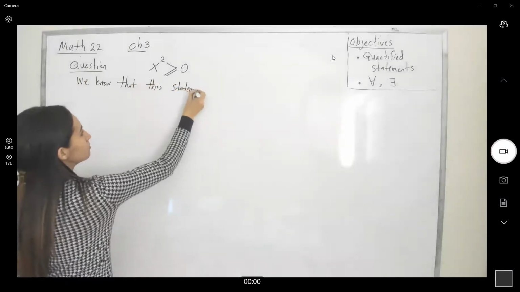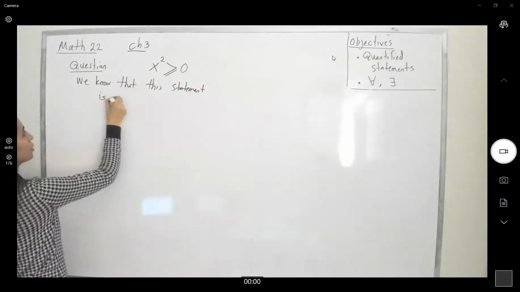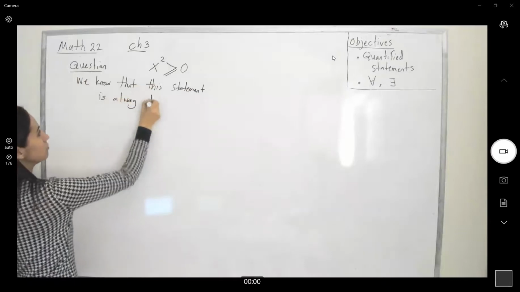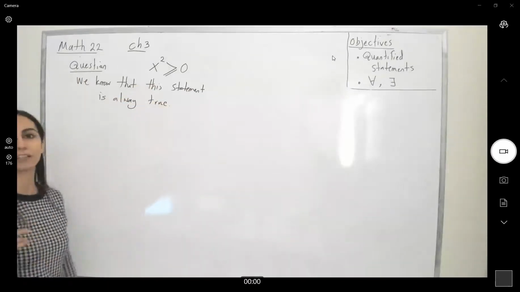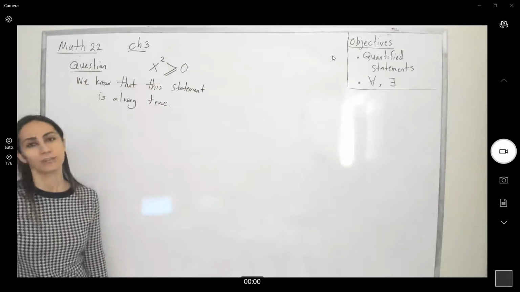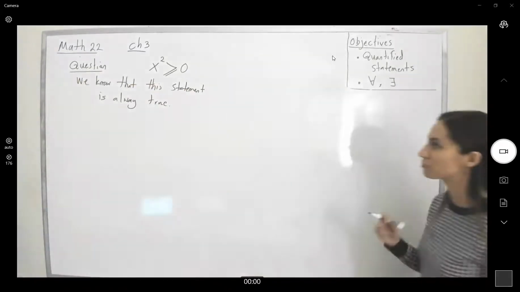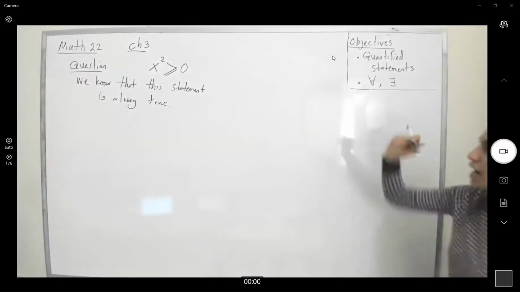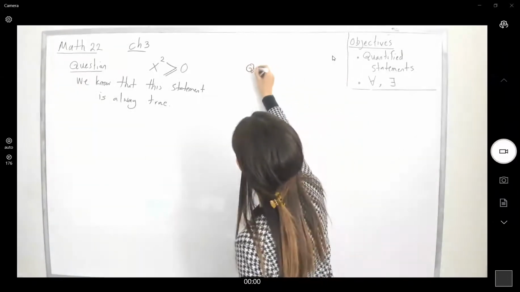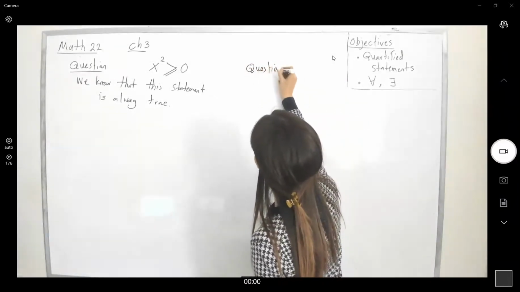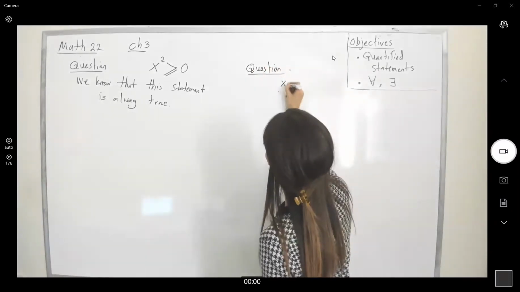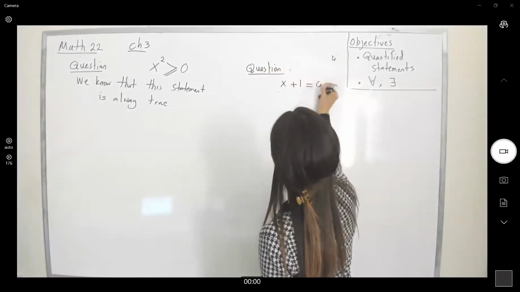This statement is always true. No matter what x you choose, if you square it, it's always going to be greater than or equal to 0. Now, how about this one? Another question: x plus 1 equals 0.